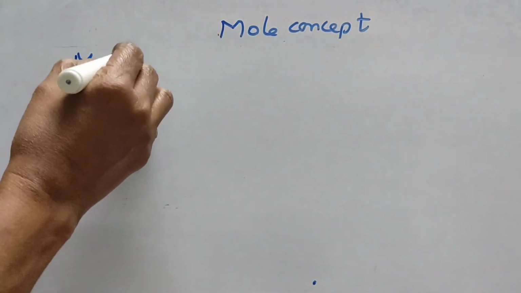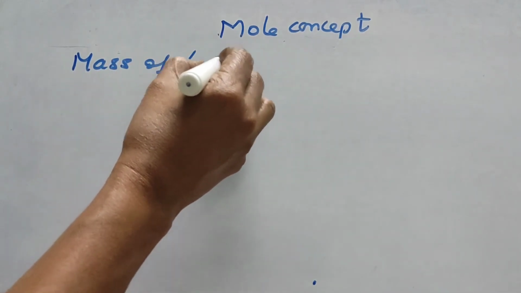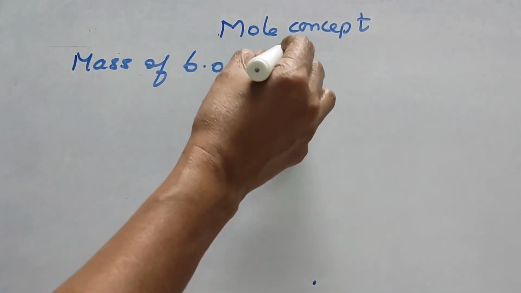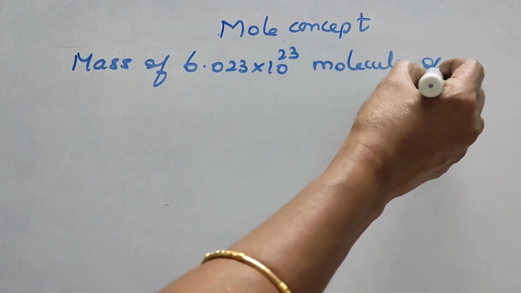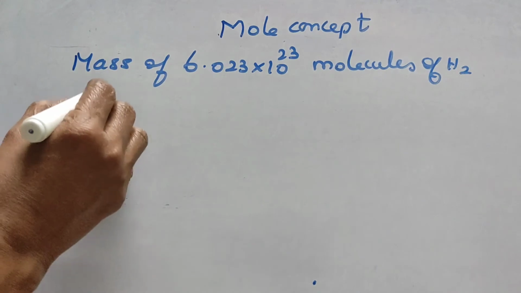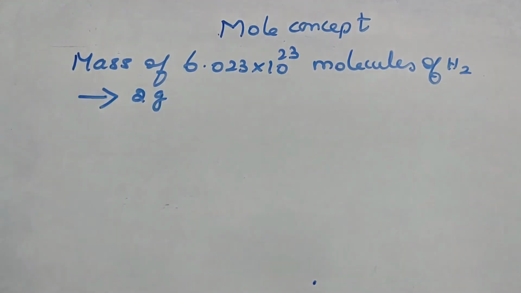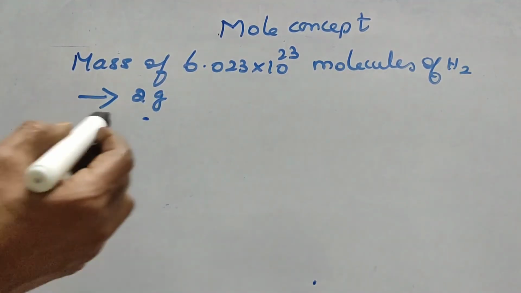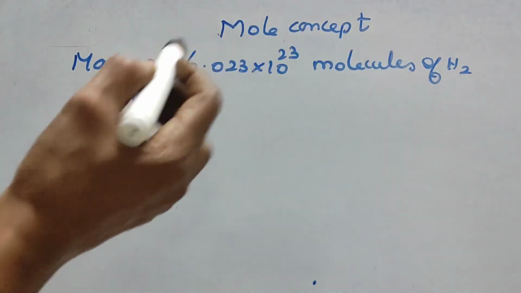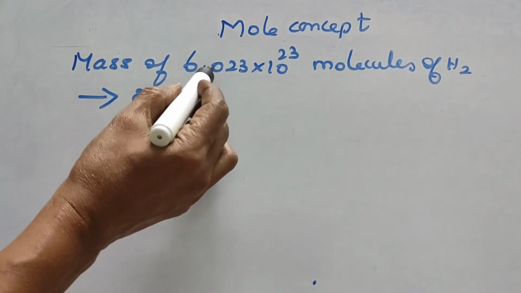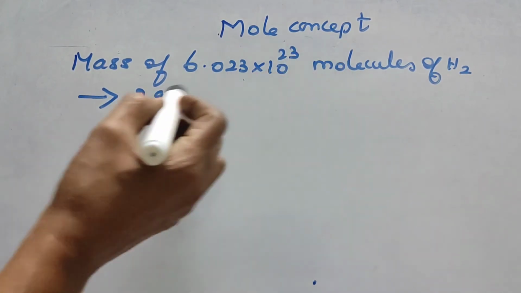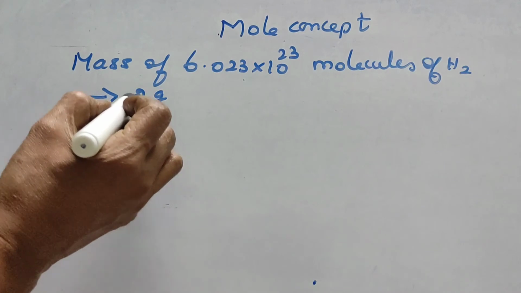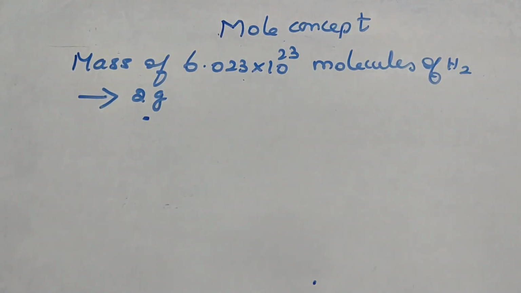The mass of 6.023 into 10 power 23 molecules of hydrogen will be equal to 2 gram, constant. It won't change from wherever you have collected the hydrogen.